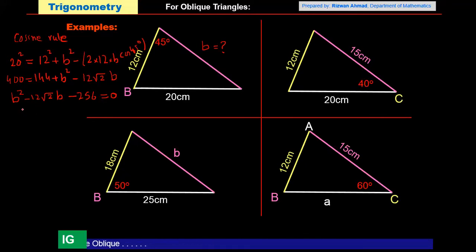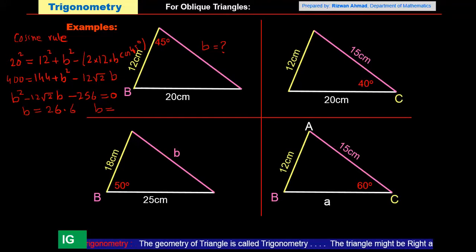So here we'll get the first root, which will be equal to 26.596, which will become 26.6, and the second value of B will be negative 9.625, which means negative 9.63. Now length cannot be negative, so we will reject this value. So the possible value of B will be 26.6 centimeters.